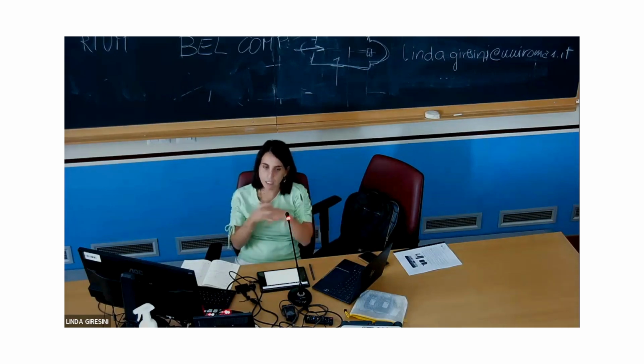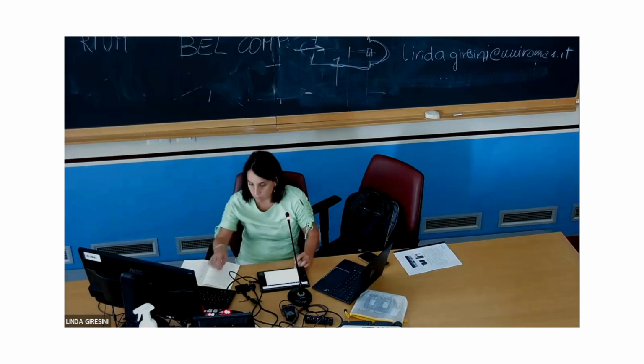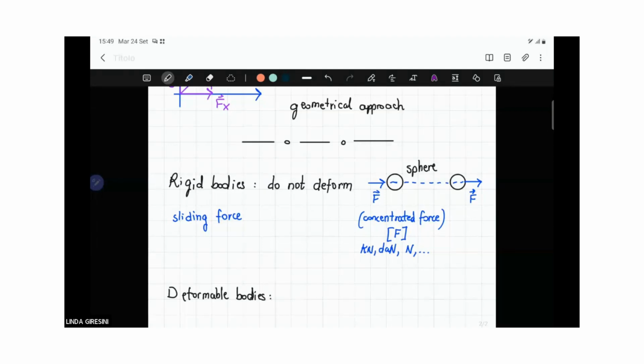But if I take, for example, a very soft material, like cotton, then things change, because first of all, I talk about deformable bodies. And deformable bodies deform. So this is the main aspect.